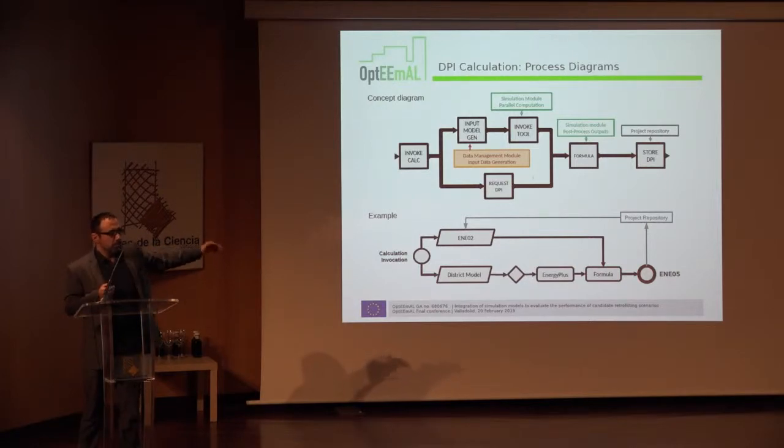And on the bottom, you see an example where DPI energy 05 depends on DPI energy 02. Here we invoke EnergyPlus for the calculation. We compute energy 02, and then using the formula and the results of EnergyPlus, we compute energy 05.